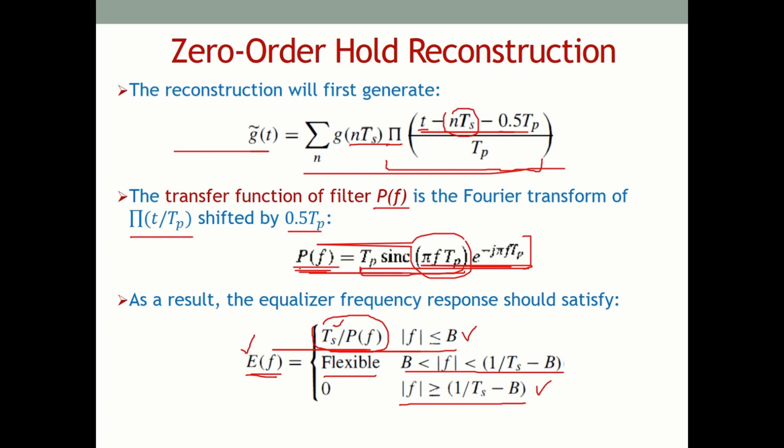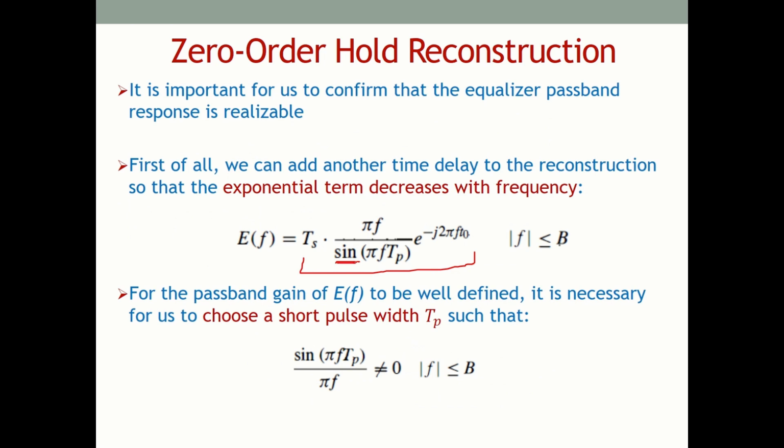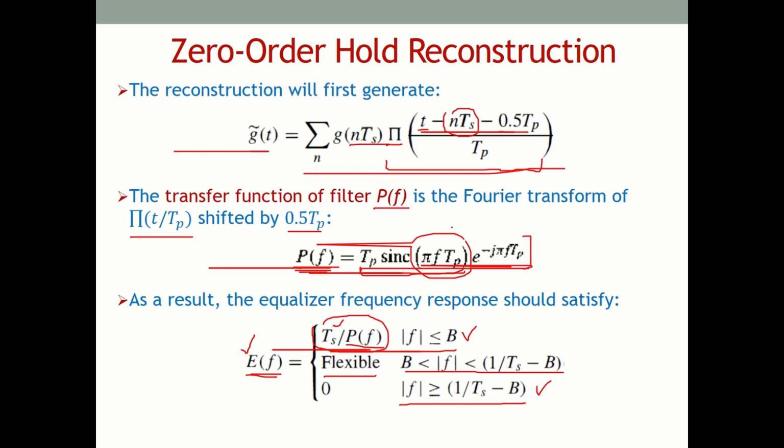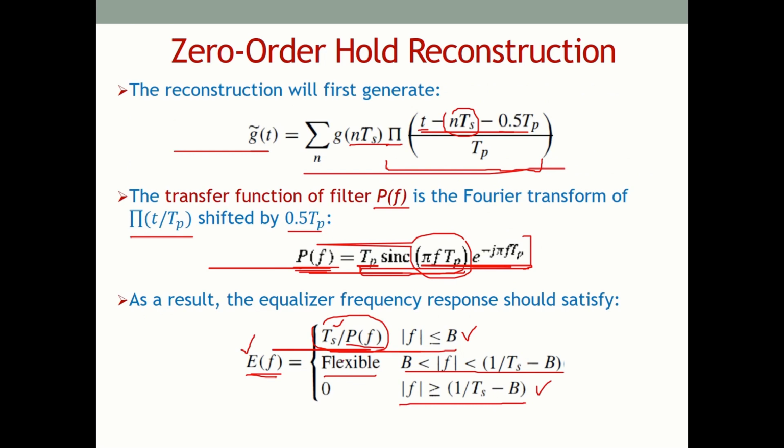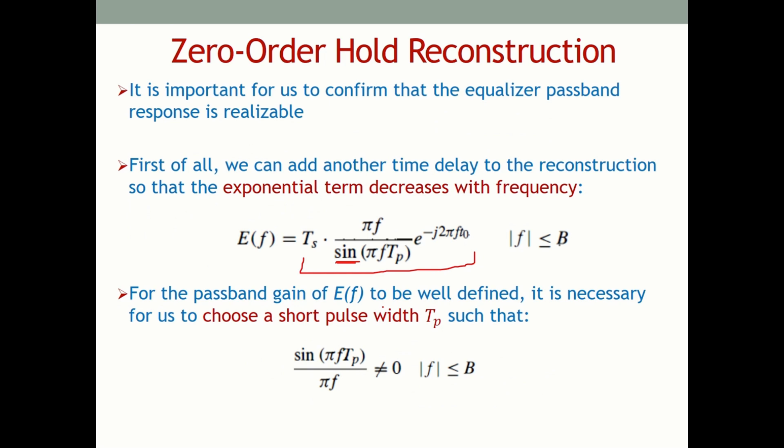So when we bring this in the numerator like this, sine is in the numerator and pi f and TP go up. That TP is cancelled with this TP, and so we don't see any TP here. We have a TS here that comes from this TS. So this is the expression for EF.